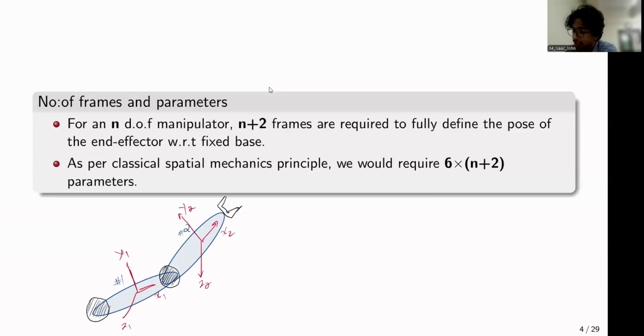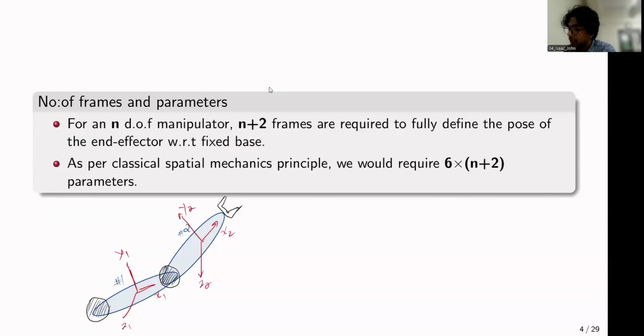Notice that the orientation of these frames 1 and 2 changes as each of these individual links rotate. Since frame 1 is attached to link 1, the instantaneous orientation of frame 1 keeps on changing. And the same goes for frame 2. Since it is attached to link 2, the position and orientation of frame 2 will change as per how link 2 moves.